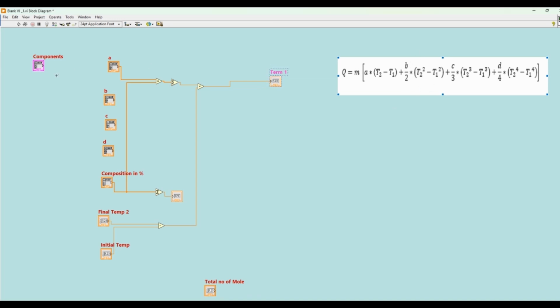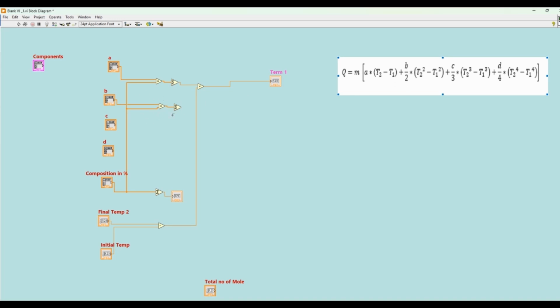First of all, this B is multiplied with the mole fraction, or the composition. So again I'll take this one, and this is the composition, and I'll multiply this one. Now here we'll see T2 square minus T1 square and B by 2.